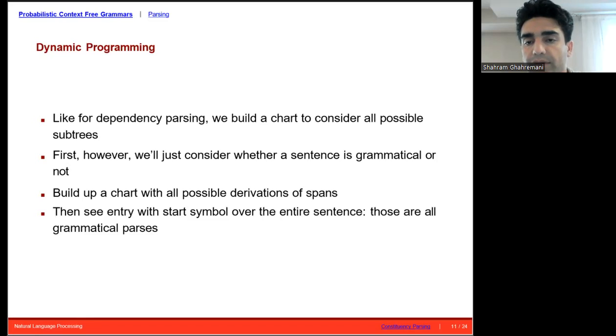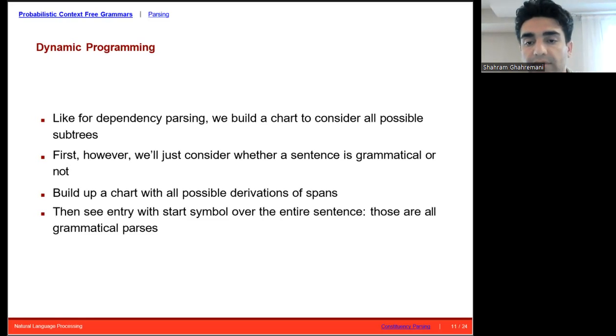Algorithmically, we are going to do something very similar to what we did for the dependency parsers, and eventually we will get to the notion of probabilities. But first we will just consider the question of whether a sentence is grammatical or not.